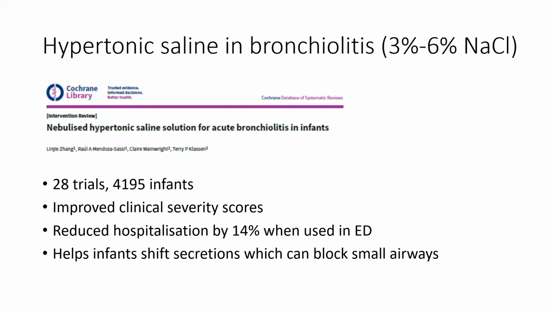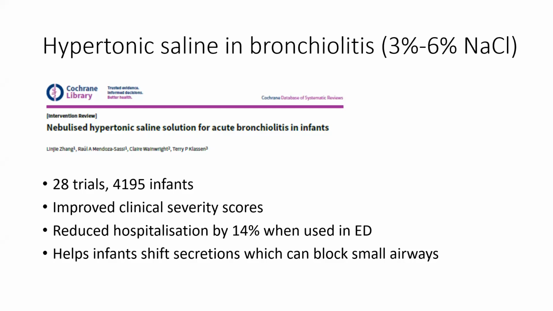And so most of the trials in bronchiolitis have been done with a hypertonic saline, which is about 4 to 6 times as concentrated. And they've all shown a benefit for some children, not all children, but mostly.